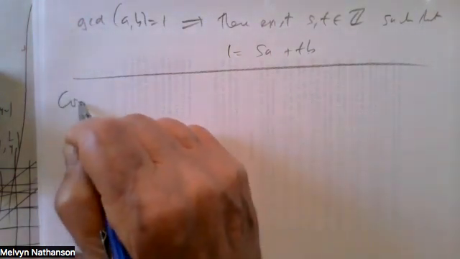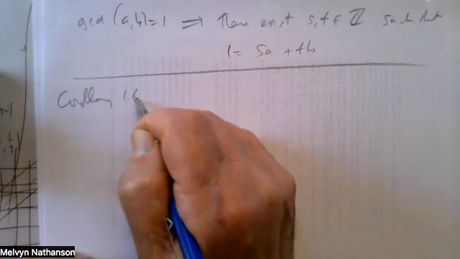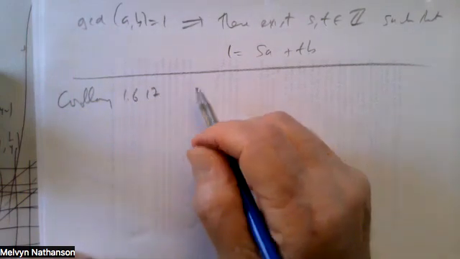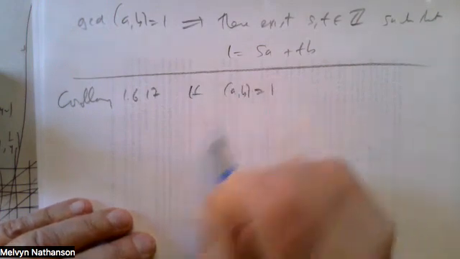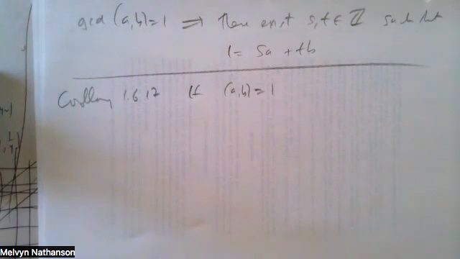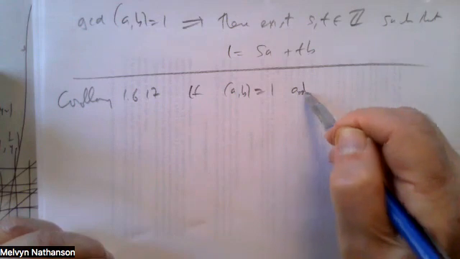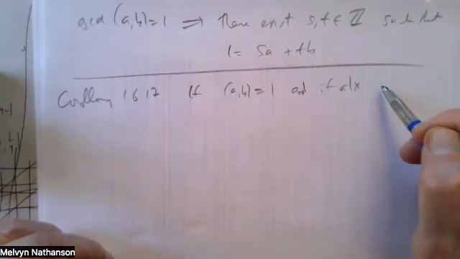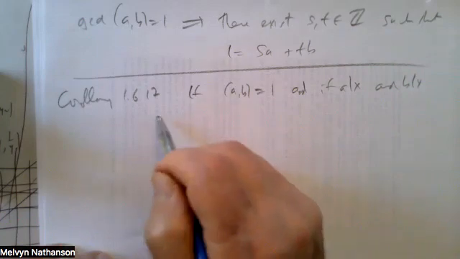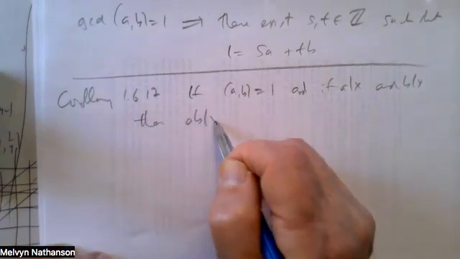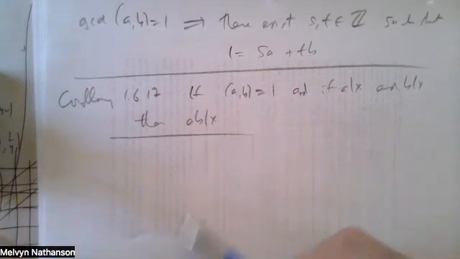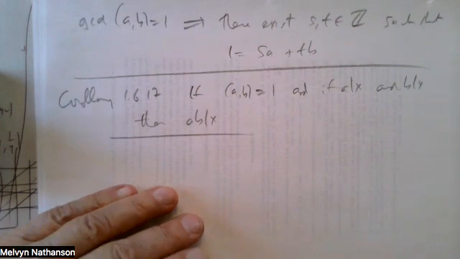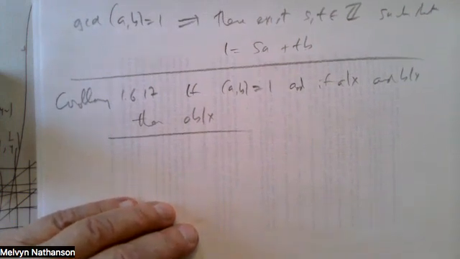So we have the following, which is corollary 1.617. If A and B are relatively prime integers, so the greatest common divisor is 1, and if A divides an integer X and B divides X, then in fact the product AB divides X. So I'm using mathematical notation when I write this down, but you should be looking at the book concurrently, and this is all written out in words in the book.